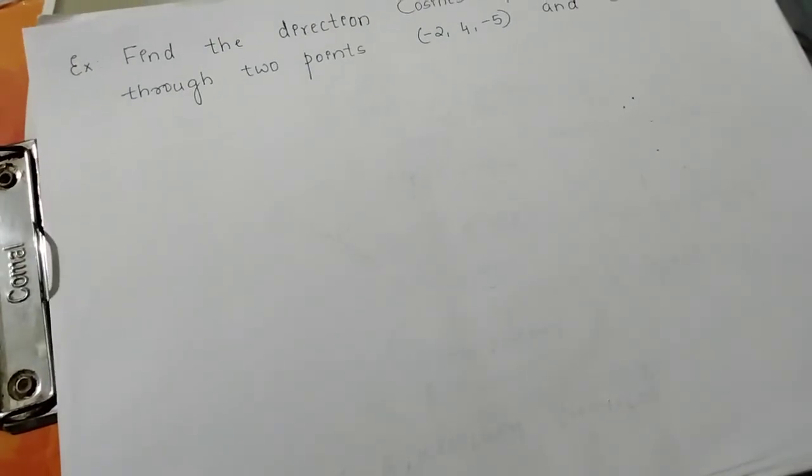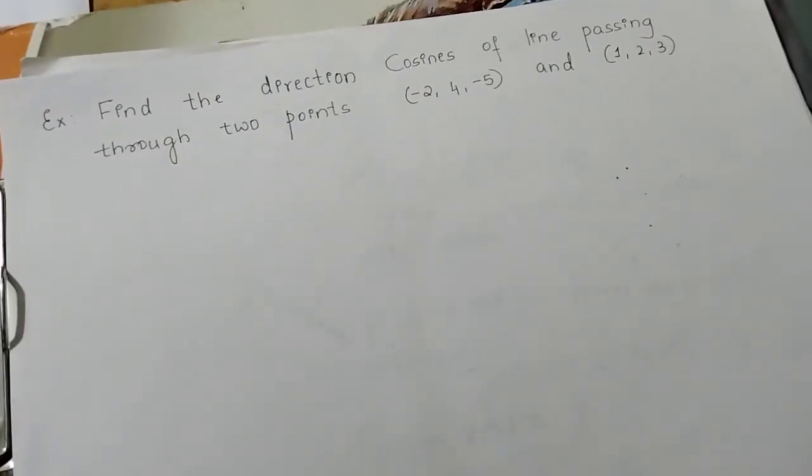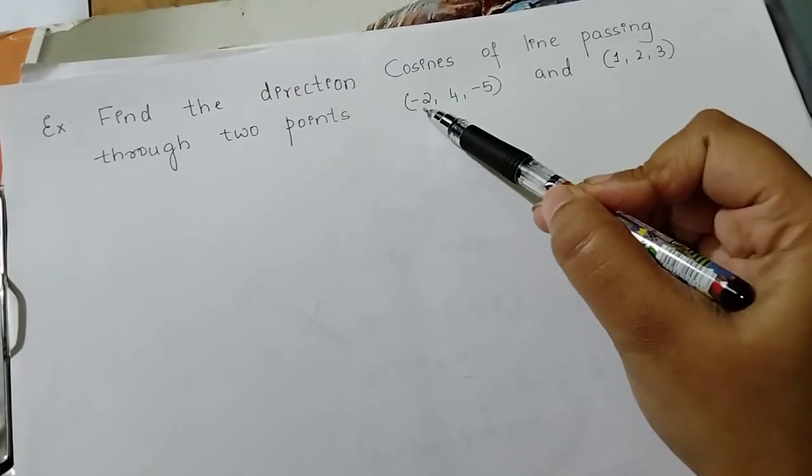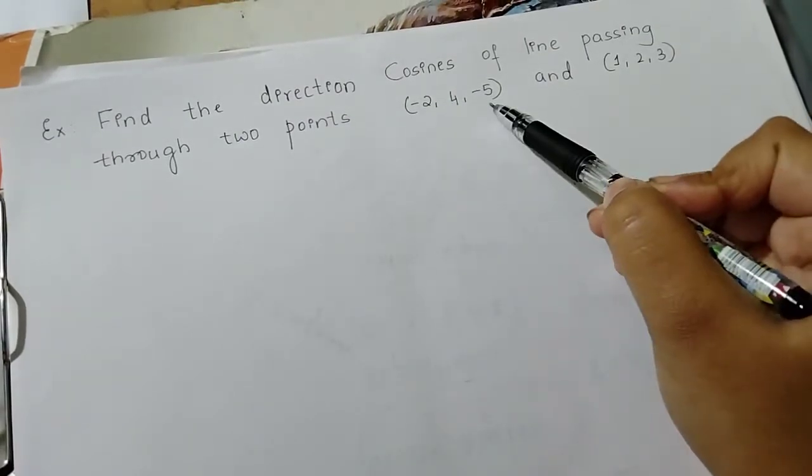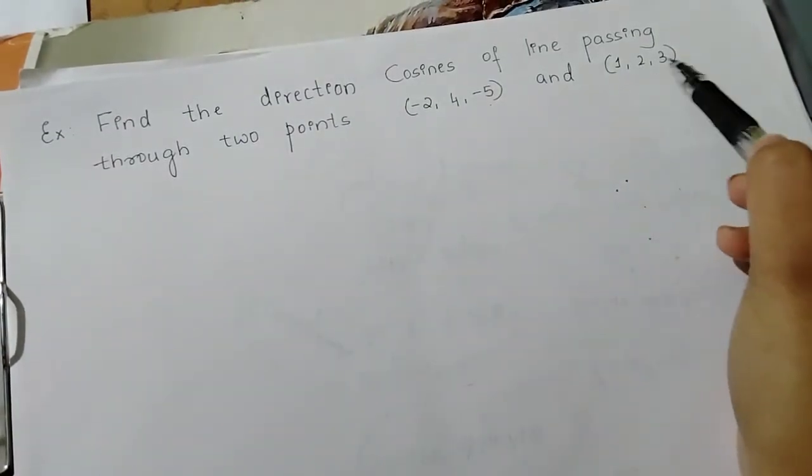Find the direction cosines of a line passing through 2 points, (-2, 4, -5) and (1, 2, 3).